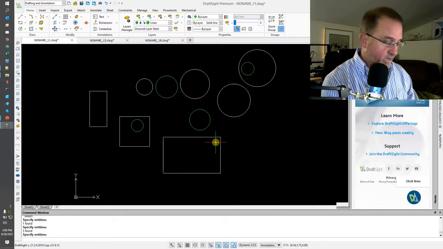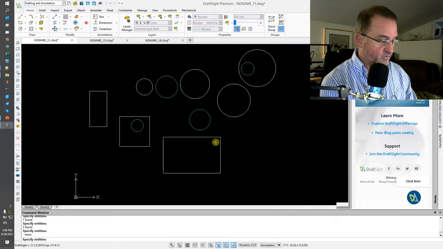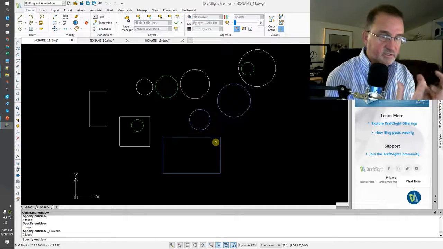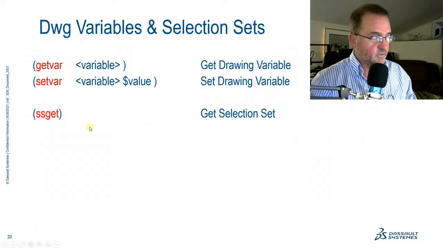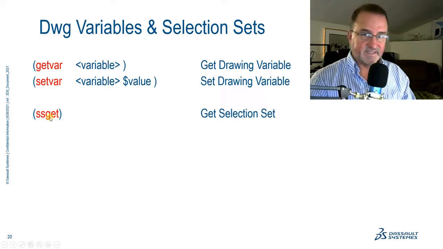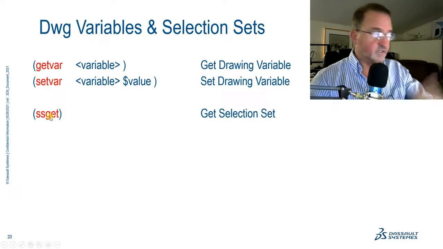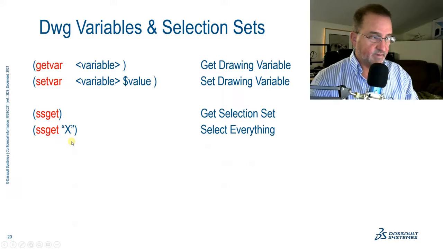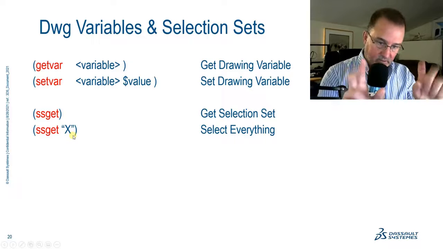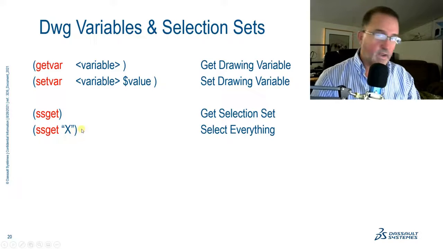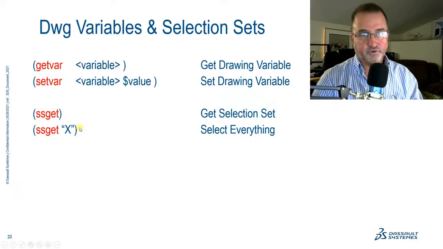Now, where I can use that, if I come up with a command like move and I say give me the previous objects, it remembers that selection set. That's the current selection set that exists inside of the drawing. So by using the function ssget, we're able to grab a selection set. That's basically what it does. Now, if I specify ssget with an X in quotes, then it grabs every single item that's available in the drawing.